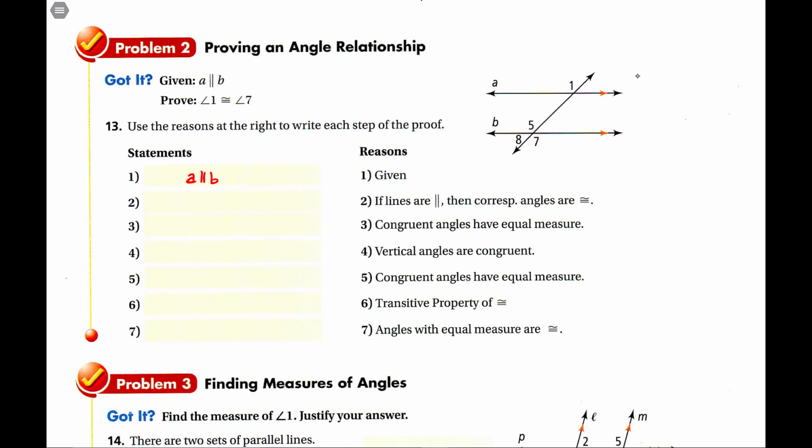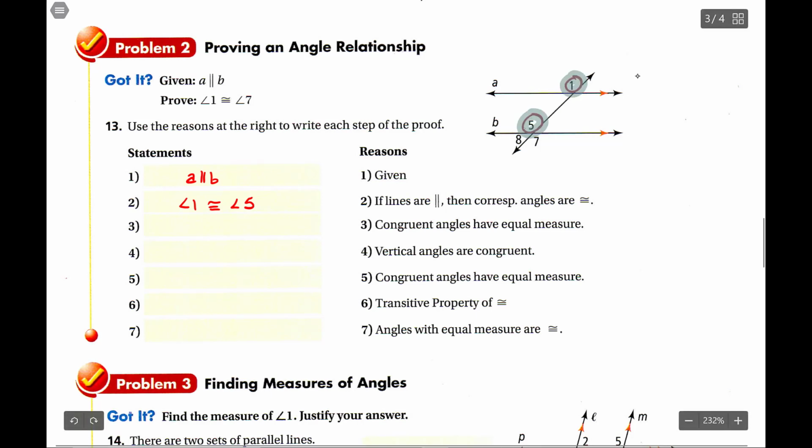So let's base this off of angle 1 must be congruent to angle 5. These are corresponding angles, 1 and 5. For number 3, it says congruent angles have equal measure. Well, we're going to base that off of the second step. So the measure of angle 1 is equal to the measure of angle 5.